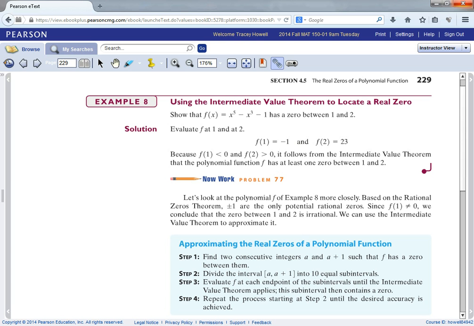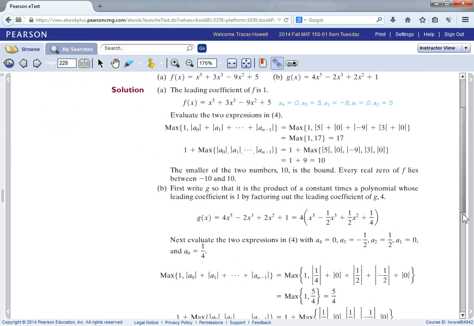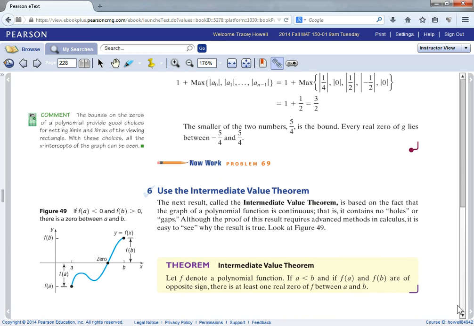Okay. So if I've got a polynomial function, and I've got two x values, a and b, and I know that when I plug a and b into my function, I get opposite signs on my y values. So one of them gives me a positive answer, one of them gives me a negative answer.